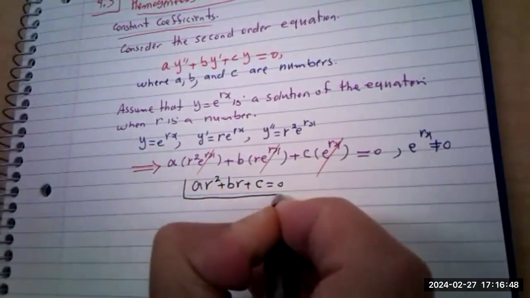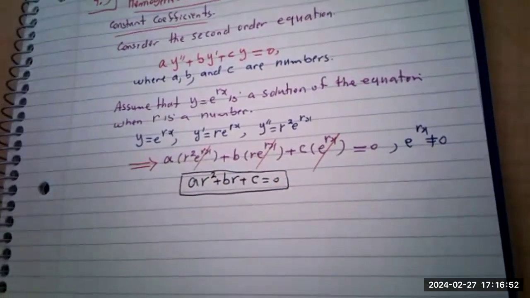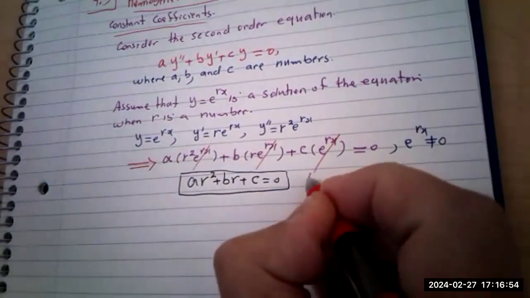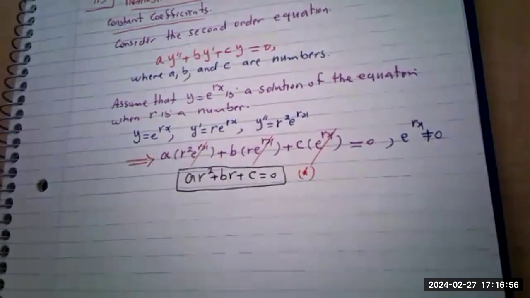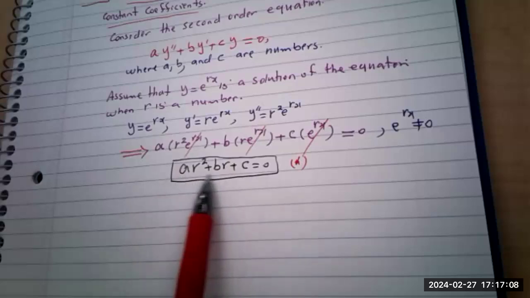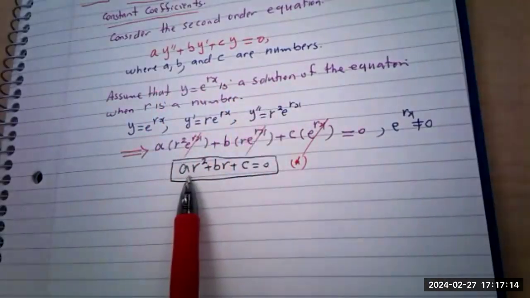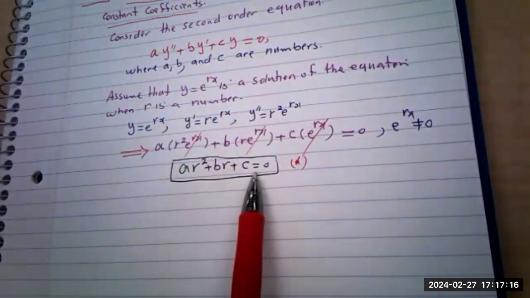Look at this equation, call it star. This equation tells you that y equals e to the rx is a solution of your differential equation if and only if r is a zero of this quadratic equation. So in order to solve the differential equation, you need only to solve this quadratic equation.